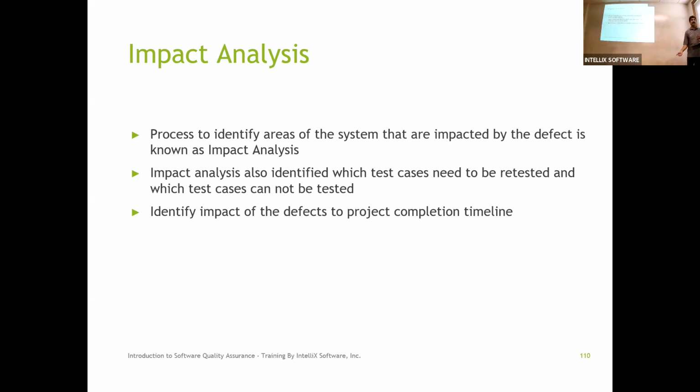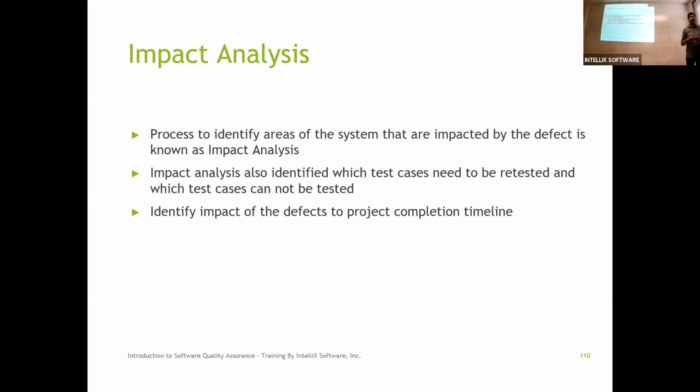If my timeline gets delayed, what is the impact on the business, or the users who are trying to use the system or who are expecting it to be done? All of those things get cascaded, and you need to do an impact analysis on it.